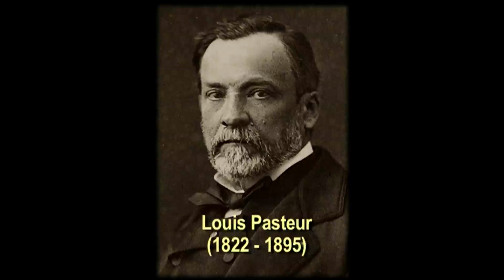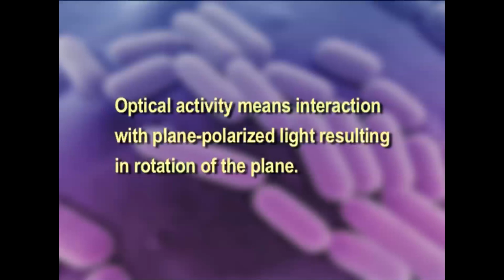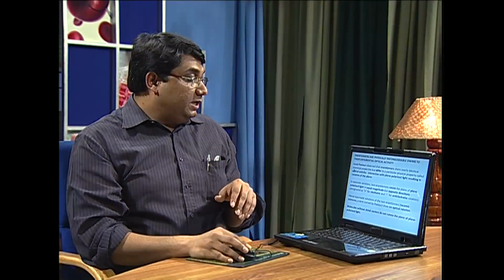Now, Louis Pasteur observed that enantiomers share nearly identical chemical properties but differ in a particular physical property called optical activity. Optical activity means interaction with plane polarized light, resulting in rotation of the plane. So, in separate solutions, two enantiomers rotate the plane polarized light in equal magnitude but opposite directions.